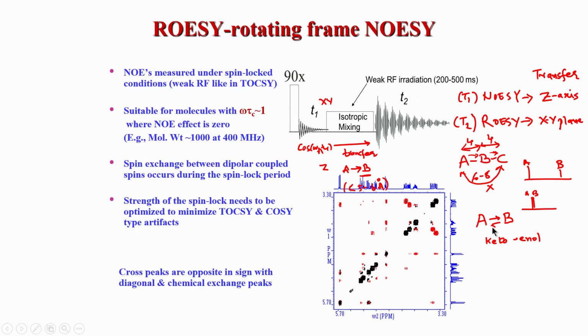There is nothing like a single structure of a biomolecule. A biomolecule always has multiple structures, and these structures are exchanging with each other at different exchange rates. Therefore, it is a dynamic system.